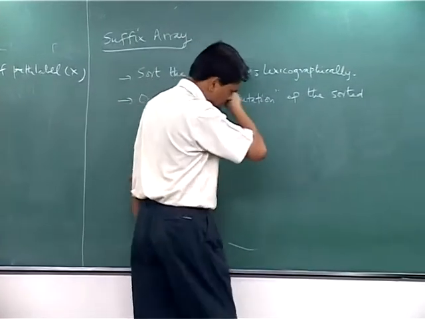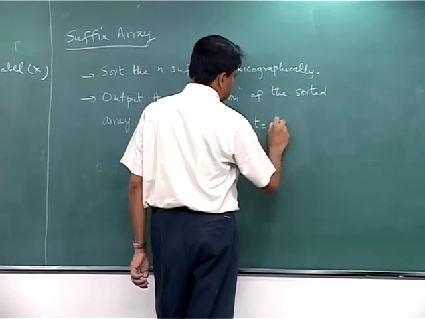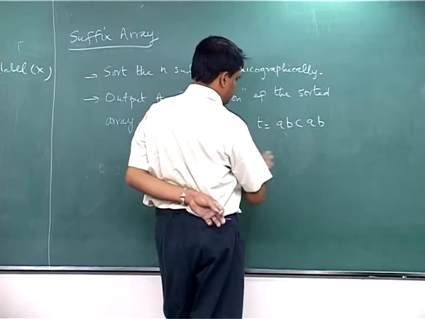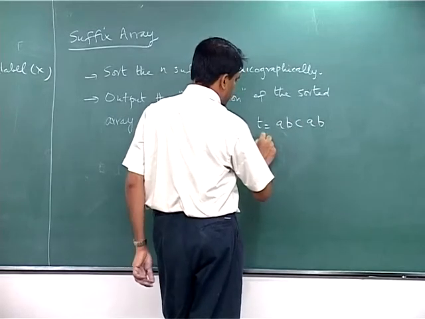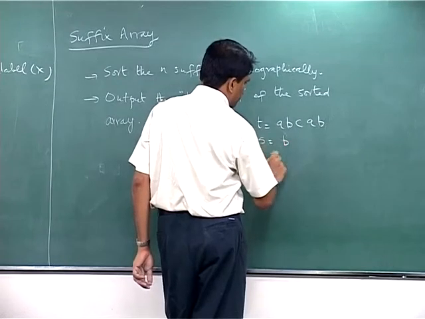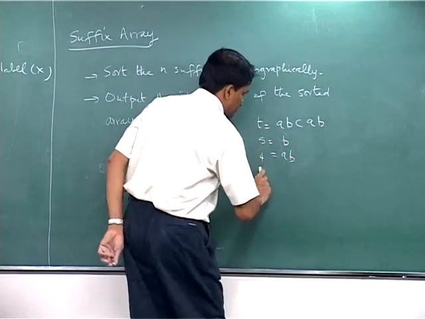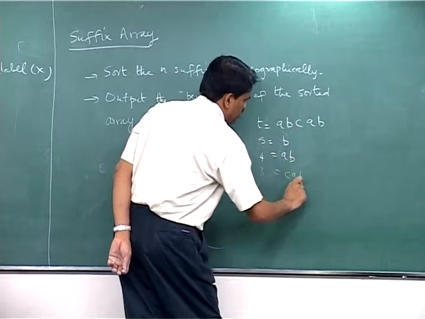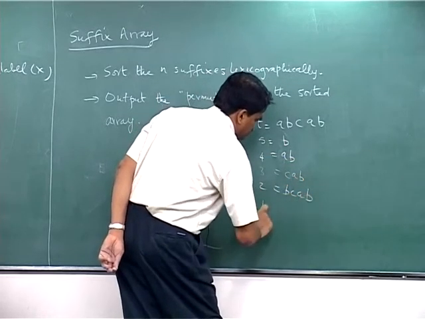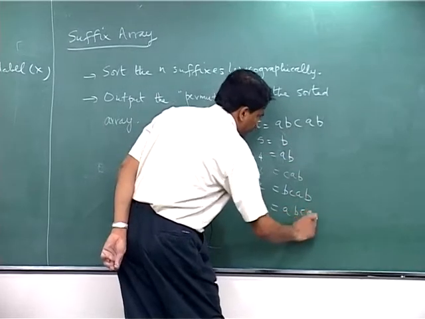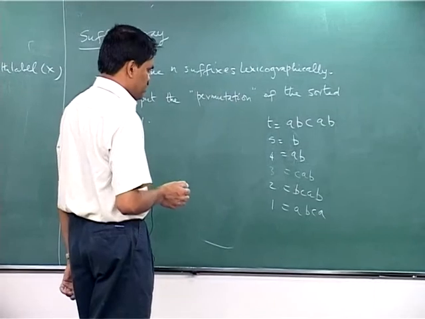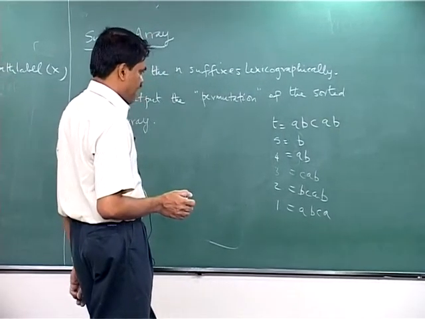In other words, let's say your text is ABCAB. Then your suffix number 5 is just B, suffix number 4 is AB, suffix 3 is CAB. Okay, now let's sort this lexicographically. So which one comes first?